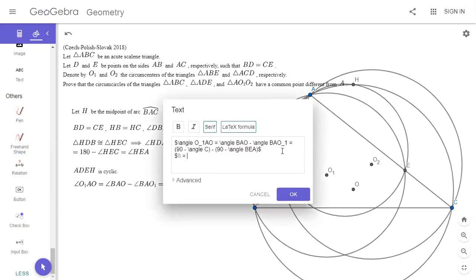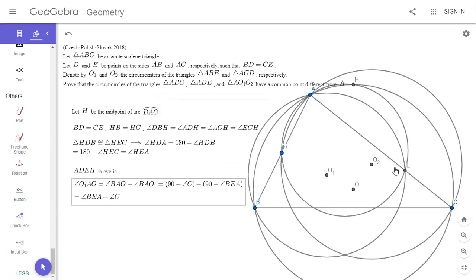So that's equal to angle BEA minus angle C, which is simply angle CBE. If I have this all right.